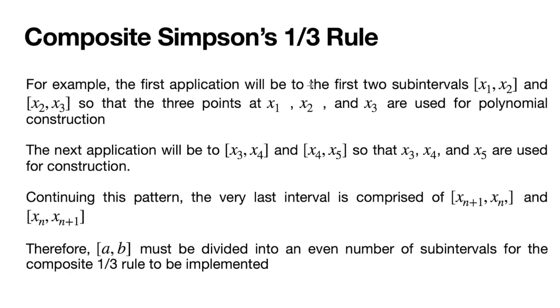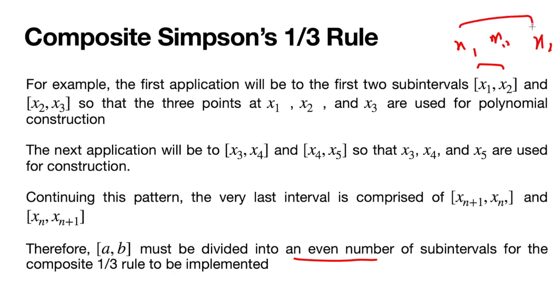For the composite Simpson's 1 by 3 rule, one thing you must keep in mind is that you have to divide using an even number of subintervals. For example, for x1 and x2 it will use 3 points: x1, x2 and the midpoint of x1 and x2, which I will write as m12.